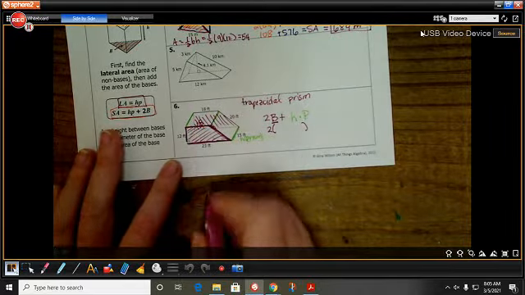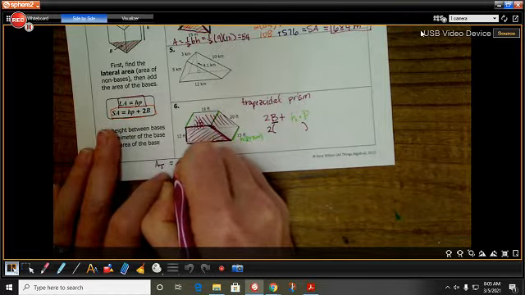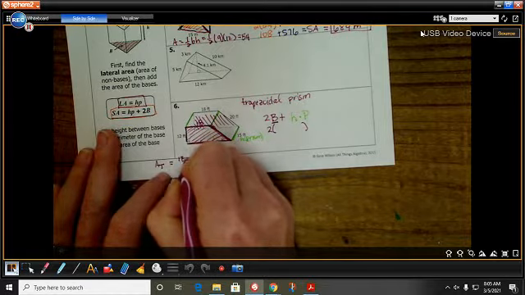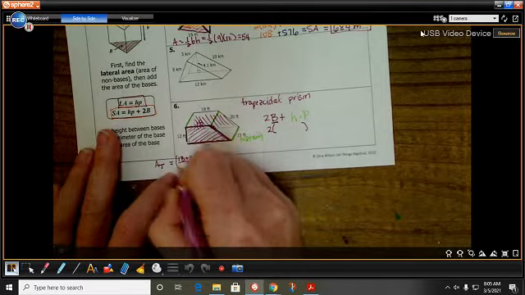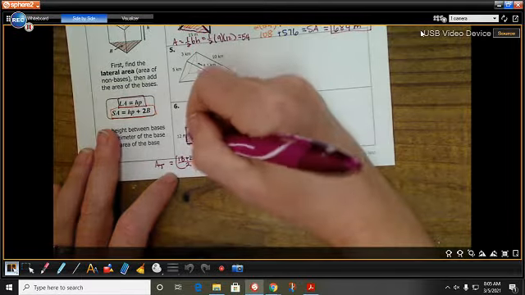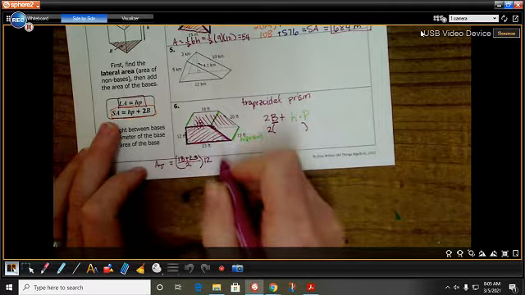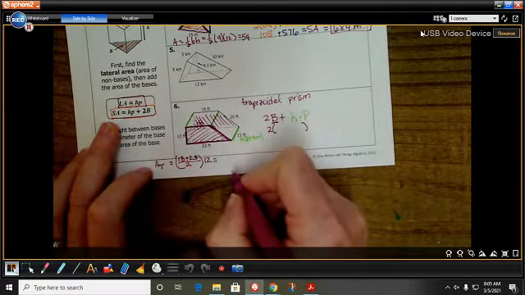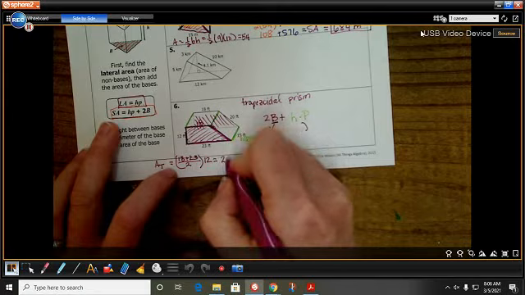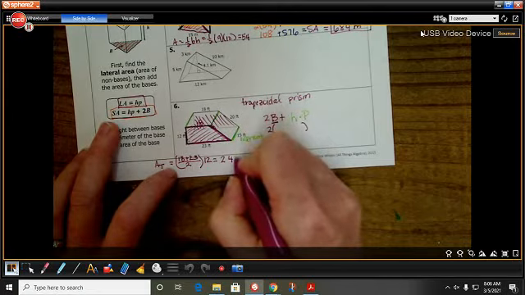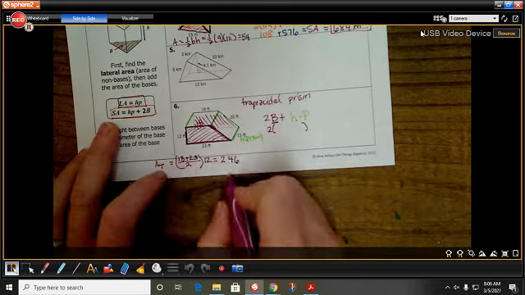And to do the area of the trapezoid, I have to average my bases, so 18 and 23, and divide it by 2, and then multiply that times this height of the trapezoid, which is 12. Okay. That's going to come out to be, let's see, 246, I believe. So that's the area of this front trapezoid.